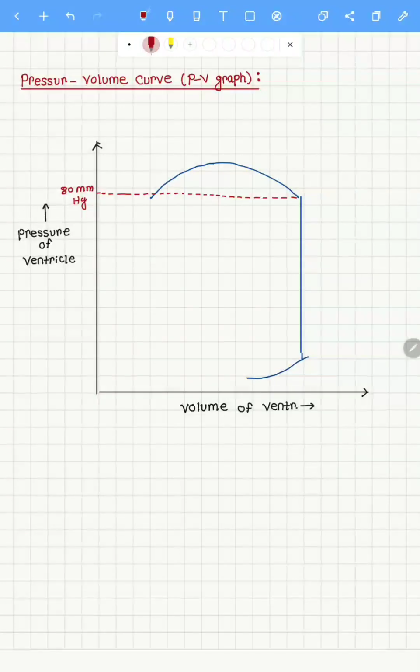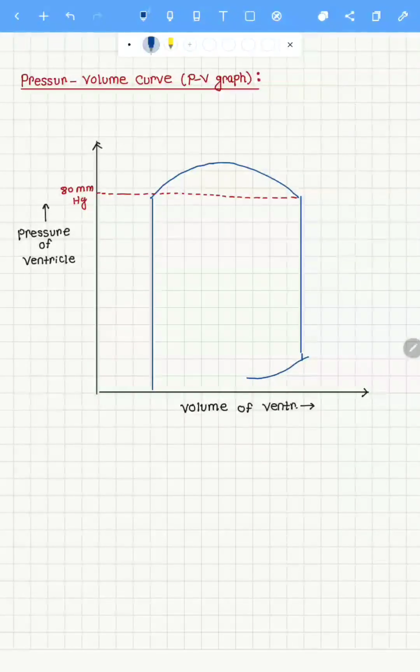During the isovolumetric relaxation phase, the volume will remain constant, and the pressure will decrease in the ventricle. So let me draw this. And after the isovolumetric relaxation phase, the pressure will go down all the way to zero. Pressure had gone all the way to zero.